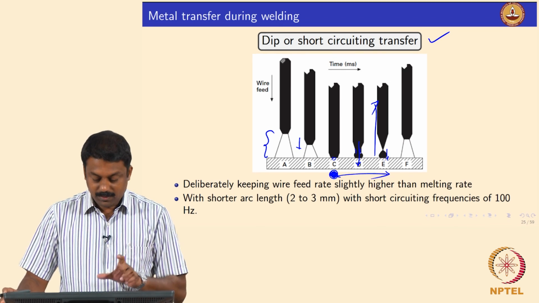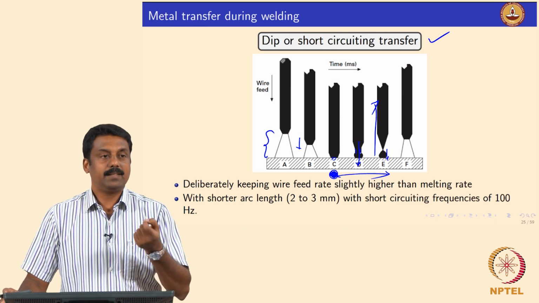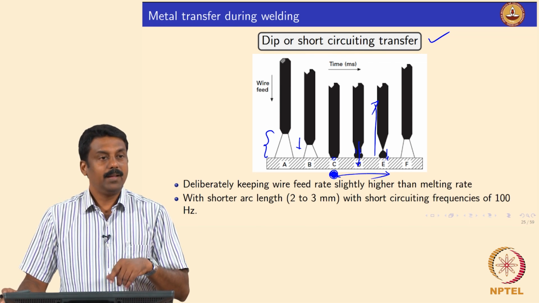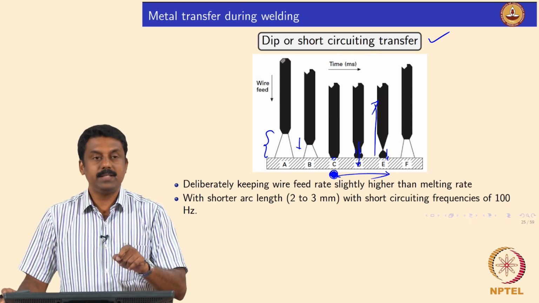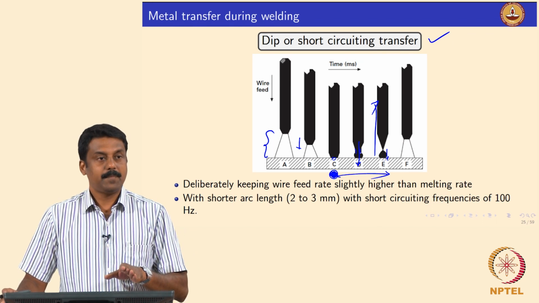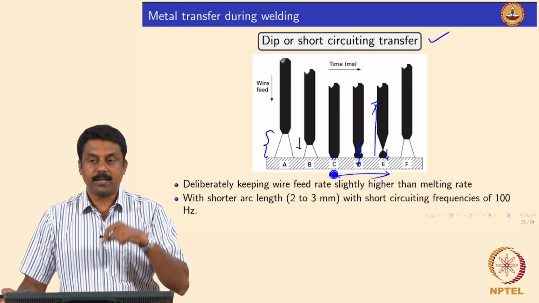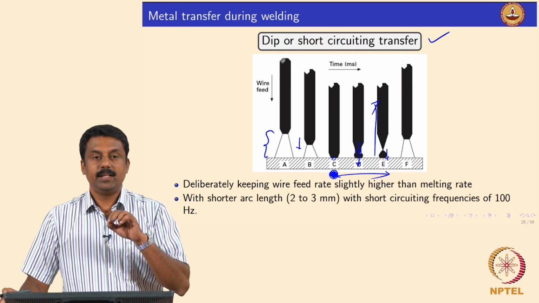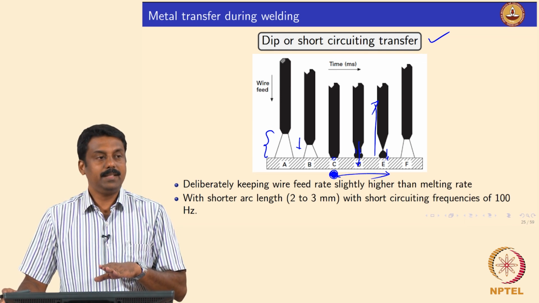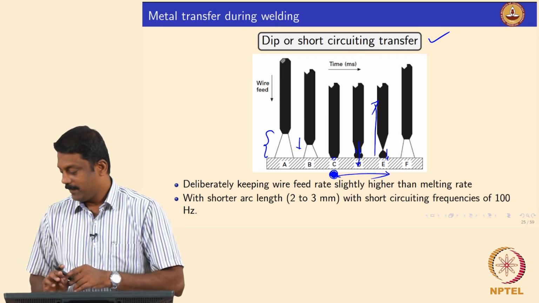By deliberately keeping the wire feed slightly higher than the melting rate, we can establish short circuiting. The moment short circuiting is established, we have to identify that moment and then switch off or reduce the current, okay. And then the molten droplet at the tip can be transferred to the workpiece by surface tension of the liquid pool, right. It is clear. I will show you a video, it will be very clear.